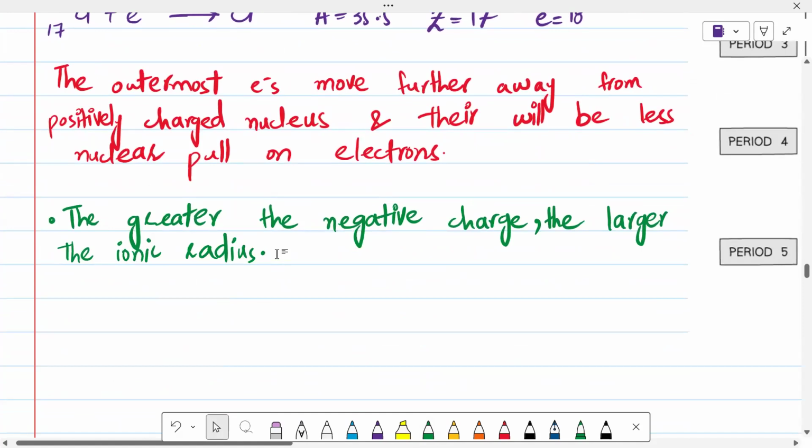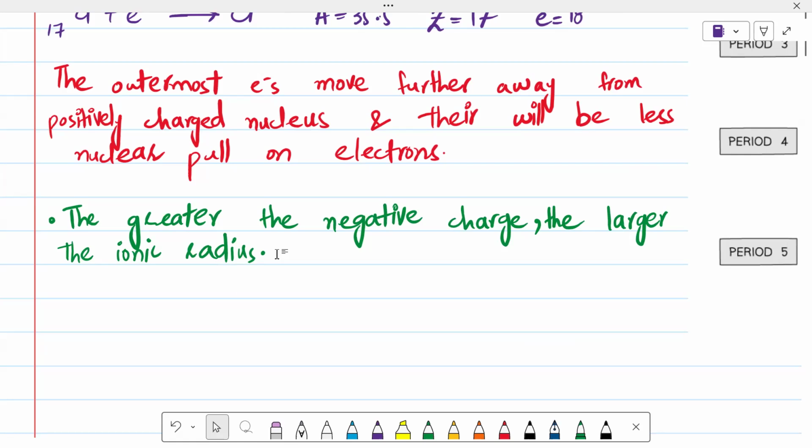Why is this so? Because the electron shell will be further apart. The same reason as when you added one electron. When you add two electrons, what will happen? The ionic radius will increase.